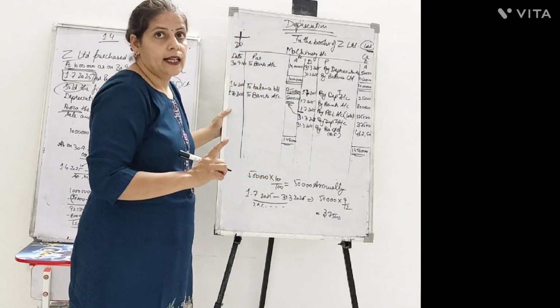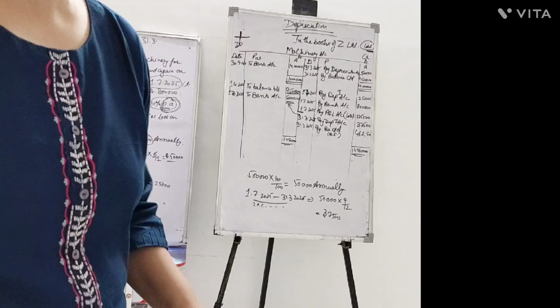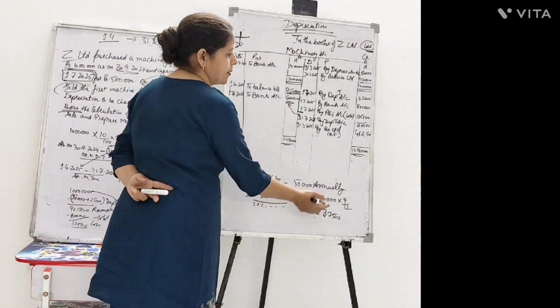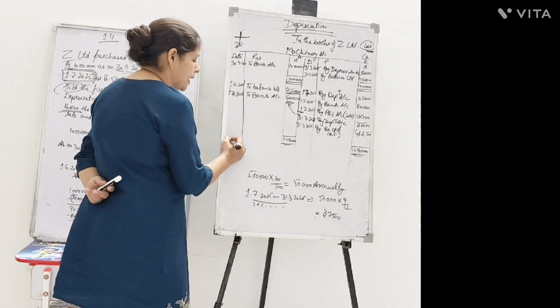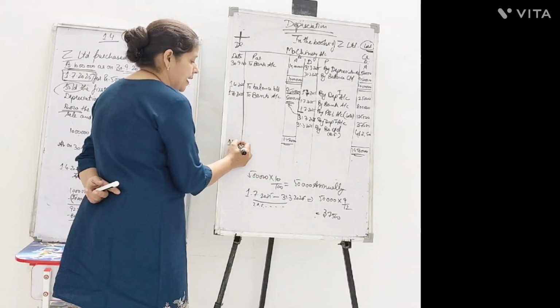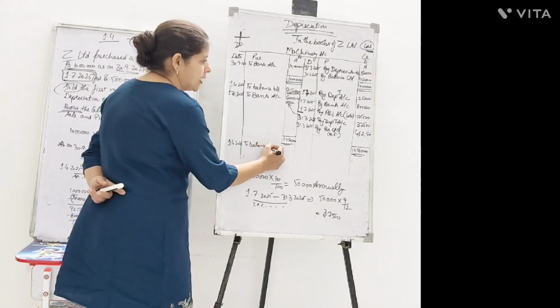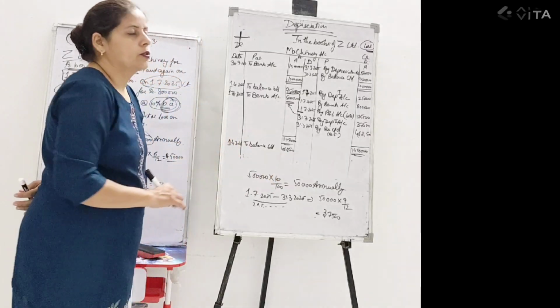Or another option: because the last asset was sold, the leftover value would be 5 lakh minus the depreciation value, 4,62,500. Make a balance brought down to the next year with the value of rupees 4,62,500 and end the question over here.